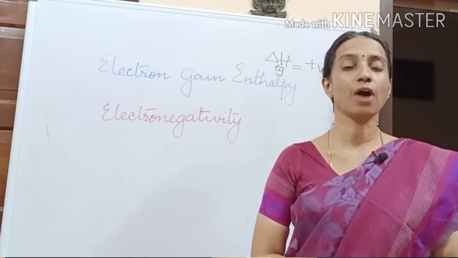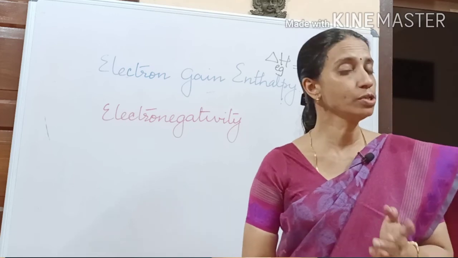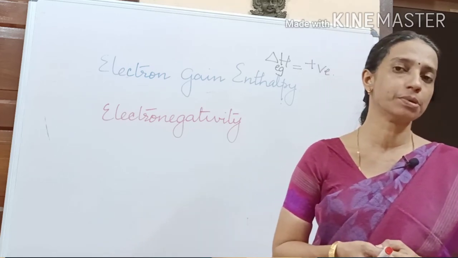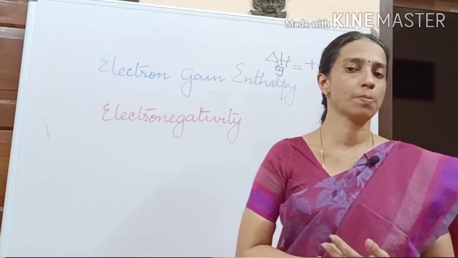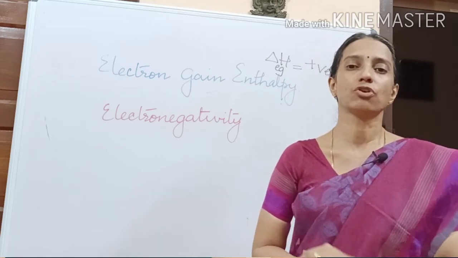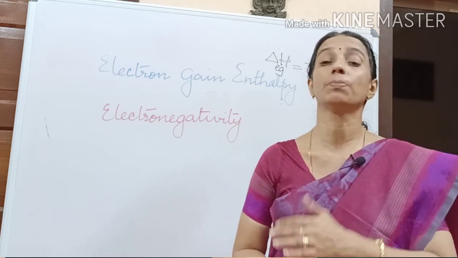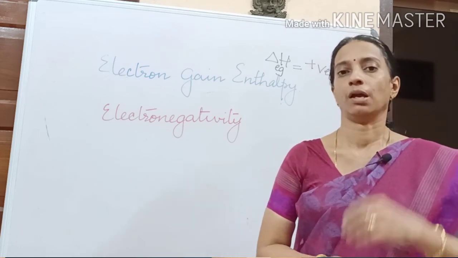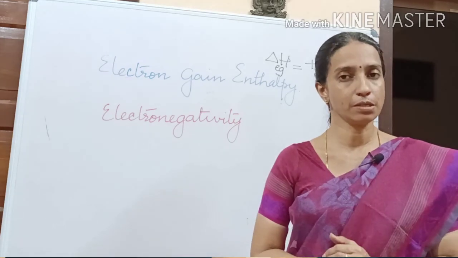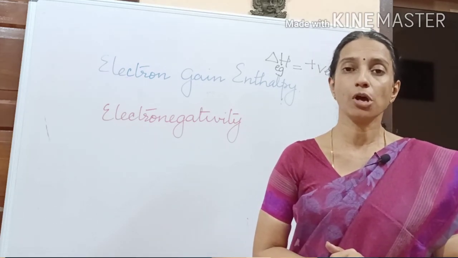And this is found to be prominent in the case of nonmetals. You know that in the modern periodic table, the first and the second group consist of typical metals, and so the electronegativities will be very low. That means they are electropositive elements.